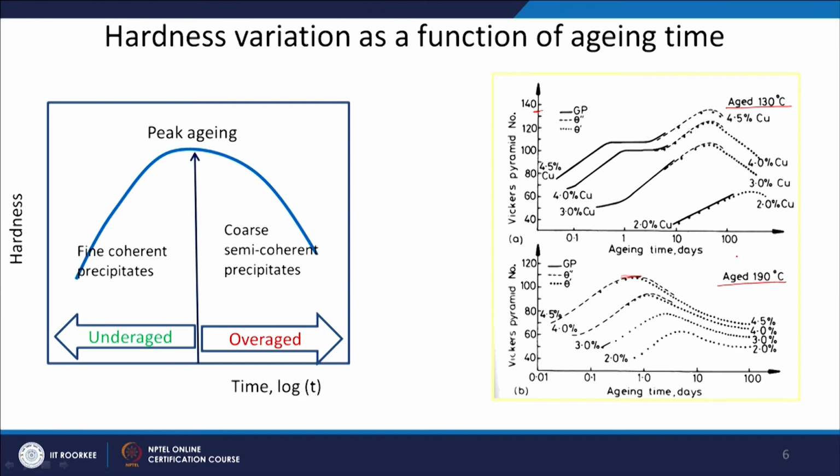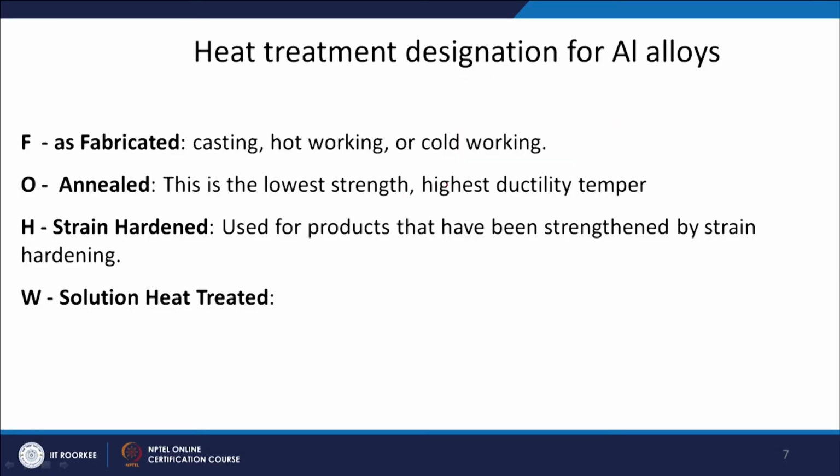So, this type of smart thinking is what makes these heat treatment processes very popular and important. Okay. Now, for the heat treatment designation for aluminum alloys, these are the different designations. In industry, or if you go to the market and want to buy some aluminum alloys, the seller will simply ask which alloy you want.